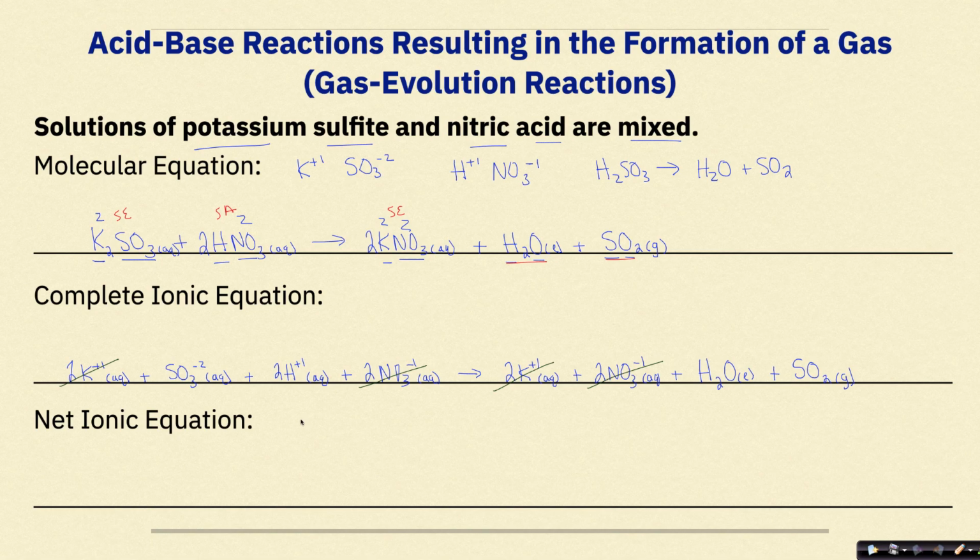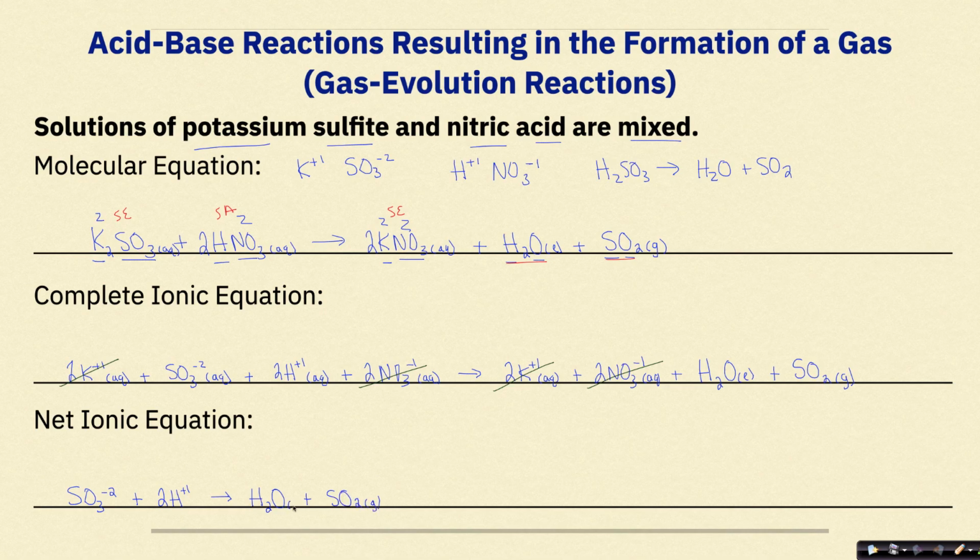So we're just going to rewrite our net ionic equation as SO3 minus 2 plus 2H plus 1 yields H2O, which is our liquid, and SO2, which is our gas.